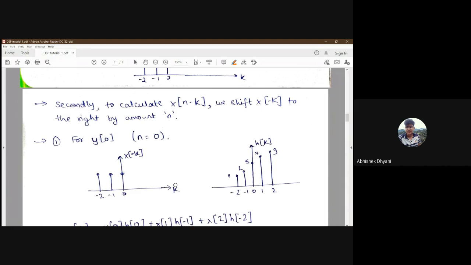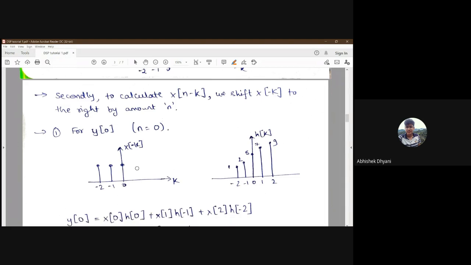So when we do that, we simply have to take the products at each time step and then add them together. First I have to take the product of x[0], which is this one, with h[0], that is this one. And then x[1] with h[minus 1]. h[minus 1] is 2.